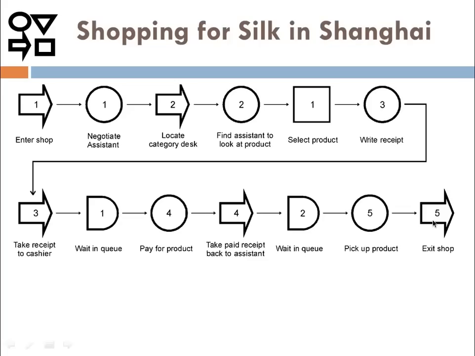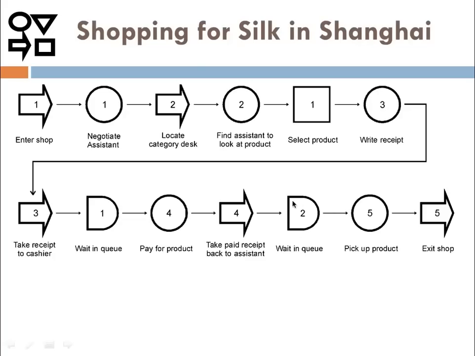By planning properly, you could possibly reduce the whole shopping experience by a particular time and by reducing these particular T's. The number of operations, similarly, you have 1, 2, 3, 4 and 5 operations. Similarly, you have 1 inspection and you have got 2 delays.